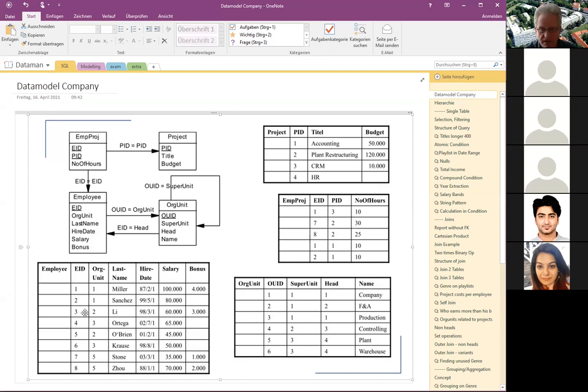And that is something we will see later on when we are doing analytics. There's a SQL operator that's called join, and we will see how the behavior of this join is with respect to employees that are not within a project.